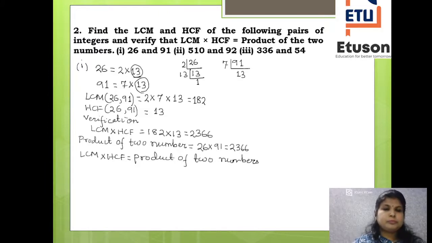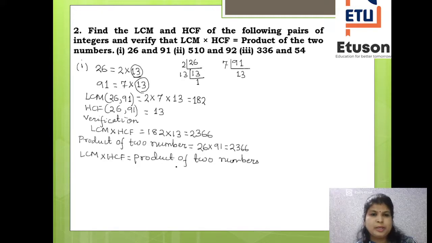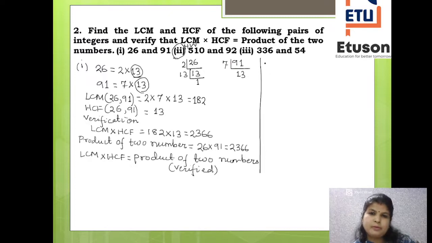So this is your first bit, and this you have already verified. This particular property is verified. Now, the second bit I will give you as homework. The second bit is homework for you. So I will do bit 3 for you.